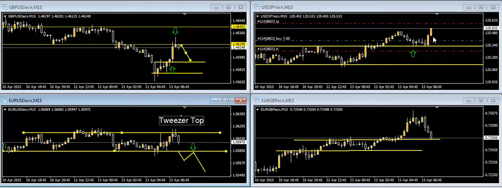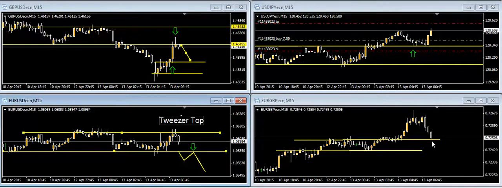Our yen trade is moving nicely. We're just a few pips from our take profit area, so looking to exit anytime now. The euro pound has retraced back into support. Will it hold?